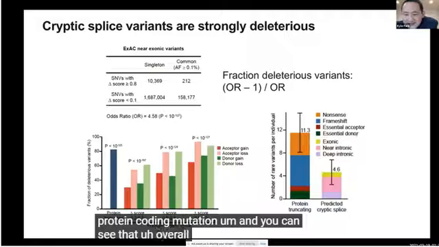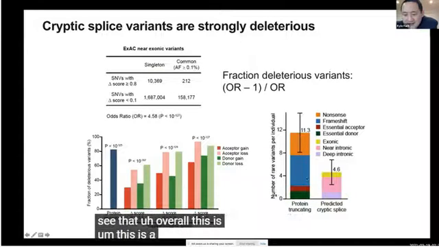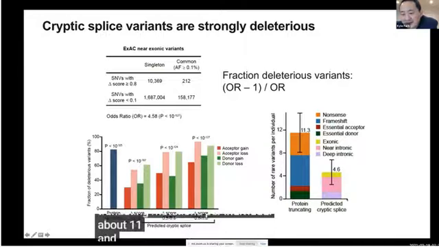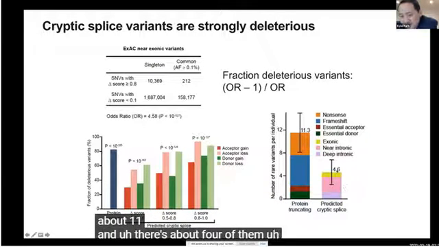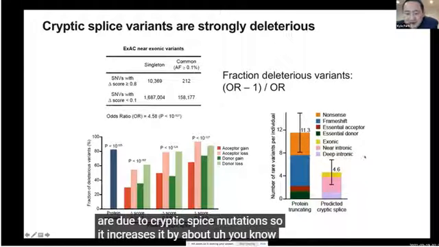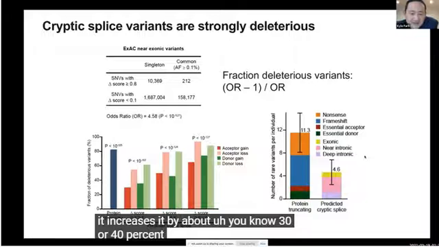Overall, the number of protein truncating mutations per individual is about 11, and there's about 4 that we can add in addition to this that are due to cryptic splice mutations. So it increases it by about 30 or 40%.